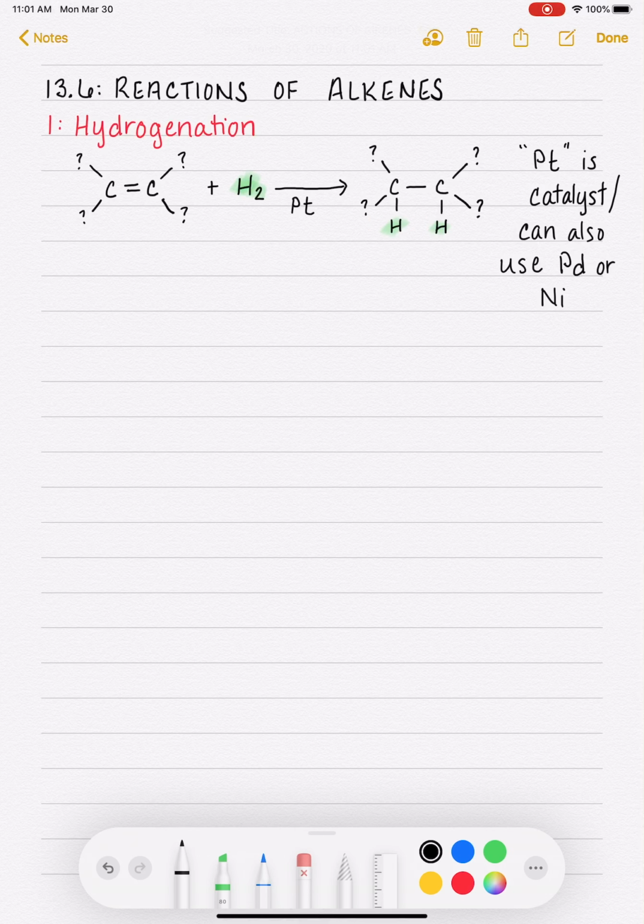Now let's draw it with an actual alkene molecule. So we're going to start with a pretty simple alkene. And I'm going to write this equation a little bit differently. So instead of writing plus H2 and then the arrow, I'm just going to go straight to the arrow. And I'm going to write the H2 on top of the arrow and the catalyst underneath the arrow.